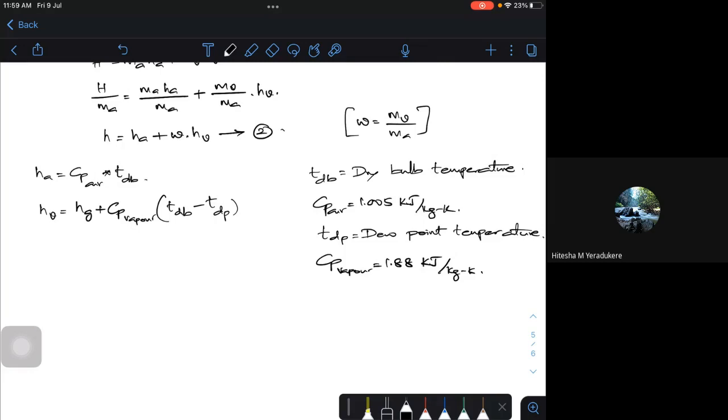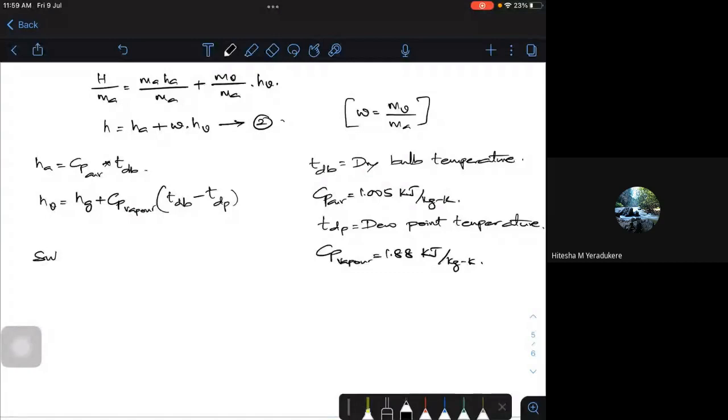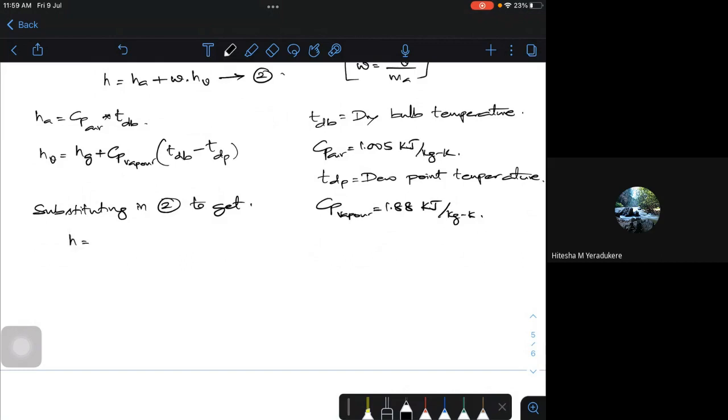So substituting in equation 2, h is equal to Cp of air into dry bulb temperature plus omega into Hg plus Cp of vapor into dry bulb temperature minus dew point temperature.